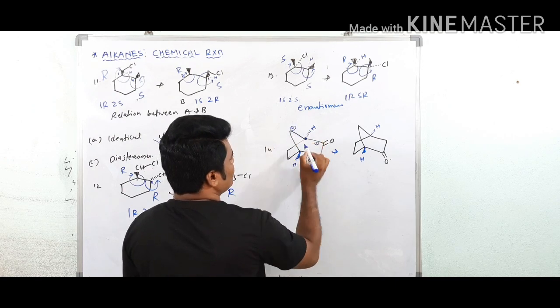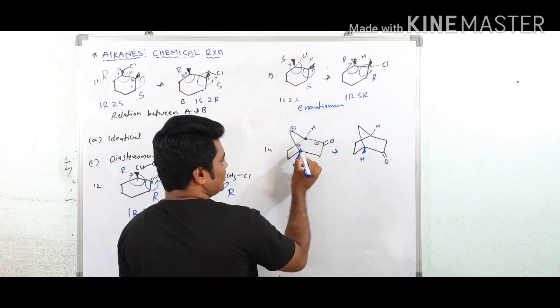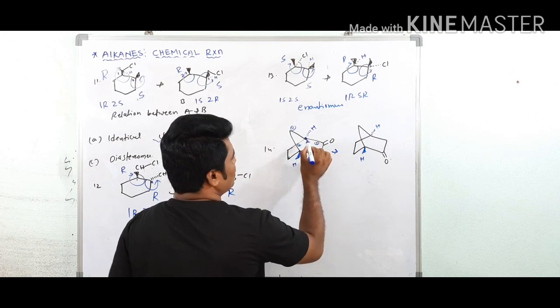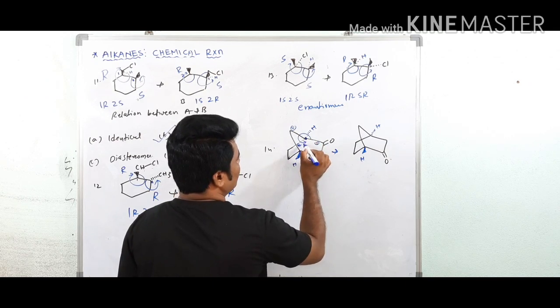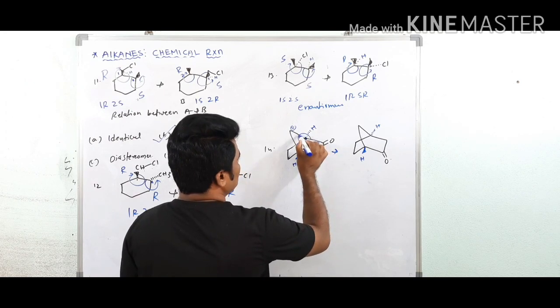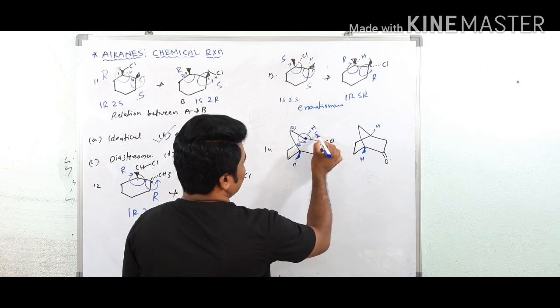Actually this is 2. Now this is 3, because this carbon is attached to tertiary and this carbon atom is attached to secondary. So this is the carbonyl group. 1, 2, 3. This is S you are getting.